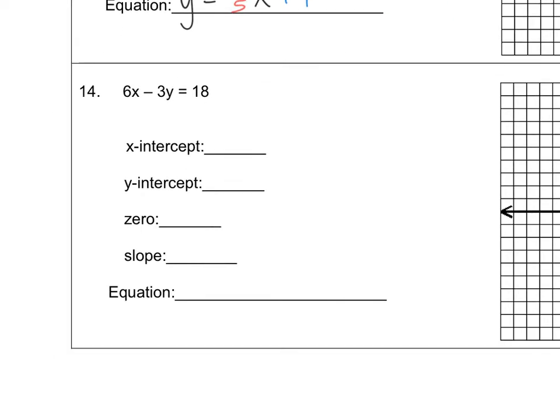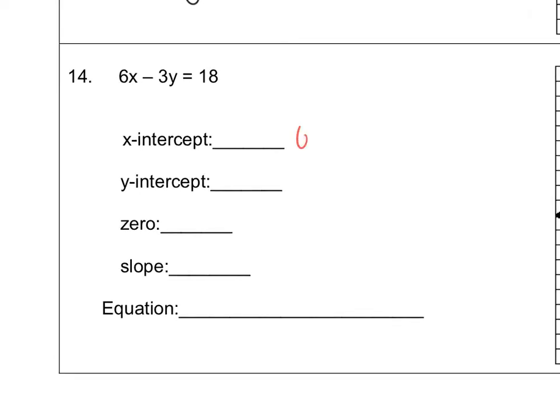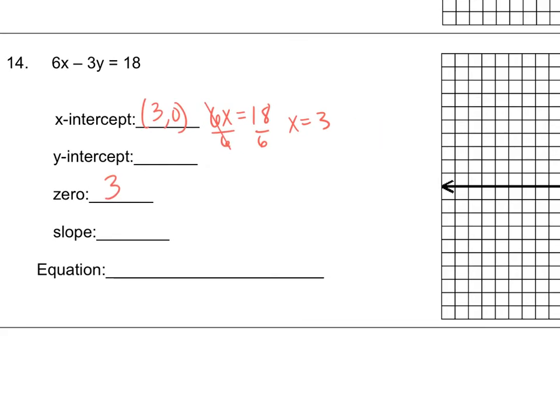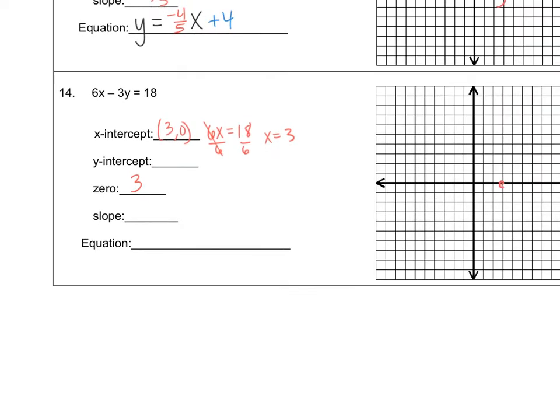Problem 14, I'm going to do something very similar. X-intercept is the x and my number. So x-intercept is at (3, 0). Y-intercept, take the y. And 18 divided by negative 3 is negative 6.